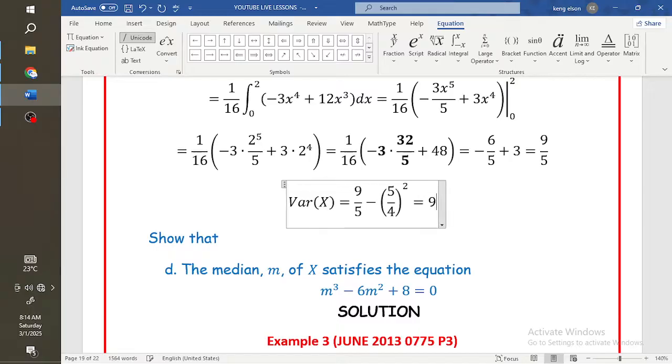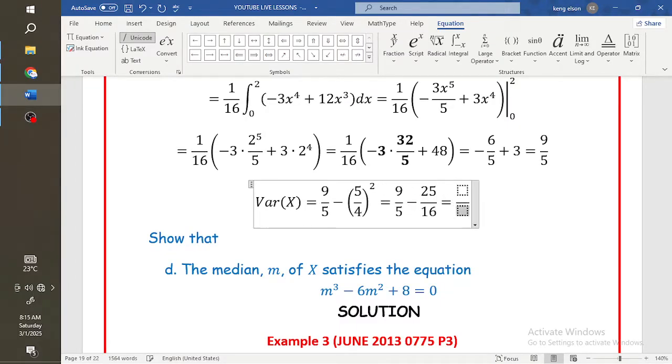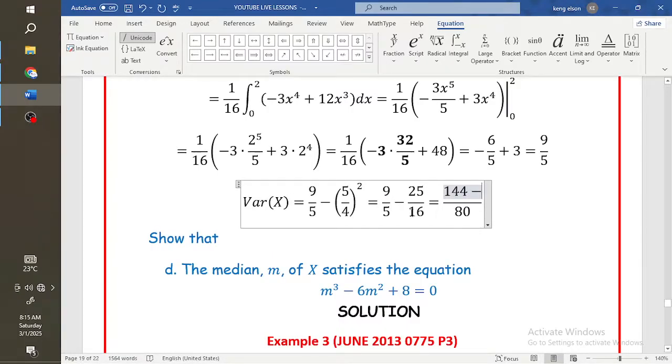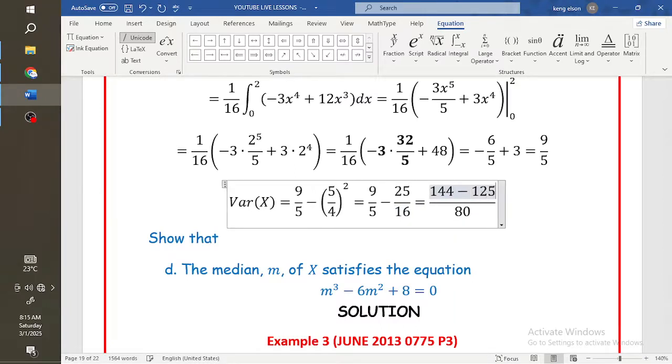So this gives me 9 over 5 minus 25 divided by 16. Okay, so the LCM I think is 80. If I take 80 divided by 5, it is 16. 16 times 9 is 144, minus 80 divided by 16 is 5. 5 times 25 is 125.